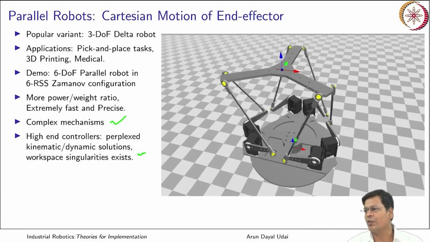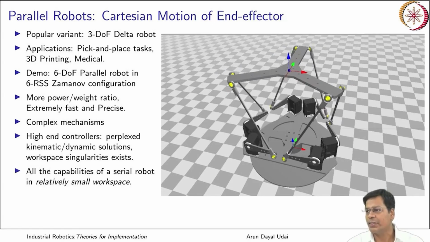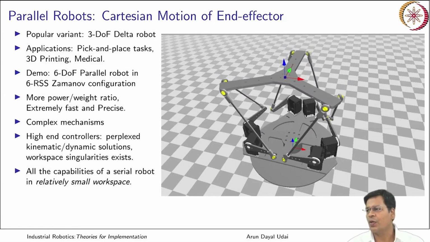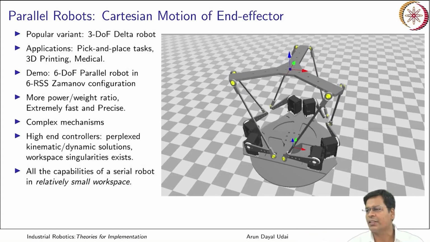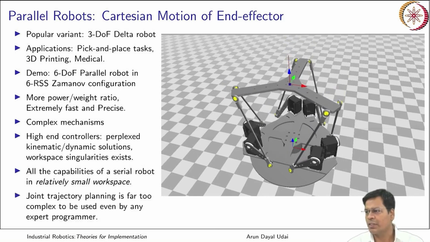So finding those singularity positions is again a challenge. All the capabilities a serial robot has, this also has, but it has a limited workspace. The only limitation is its small workspace, but the joint motion planning is far too complex.